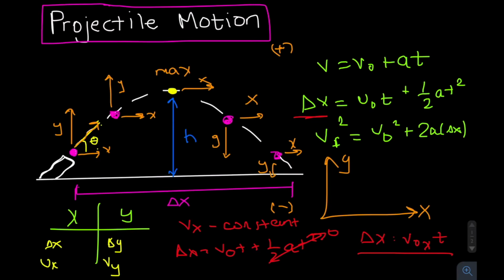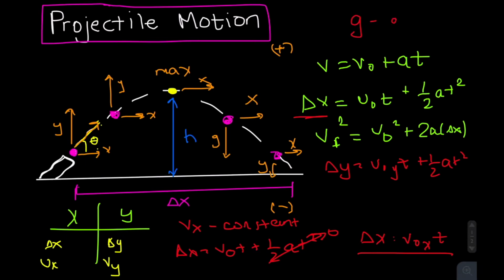Now in the y direction, let me erase this xy because we don't need it anymore. Let's say we wanted to find delta y. Then this would be initial velocity in y times t, plus 1/2 a t squared. But think about it: the acceleration in the y direction is always g, g as in gravity.